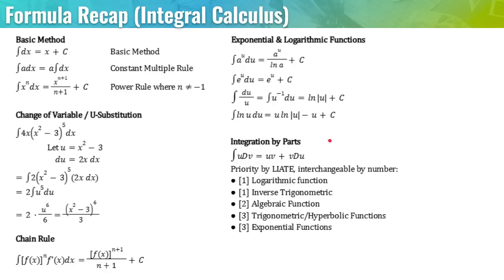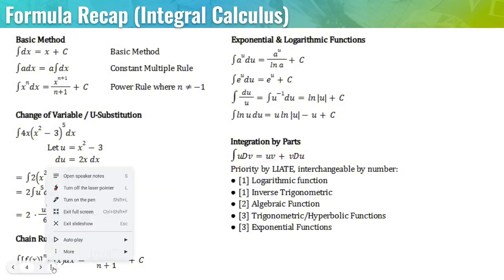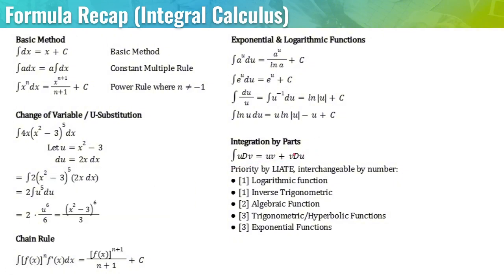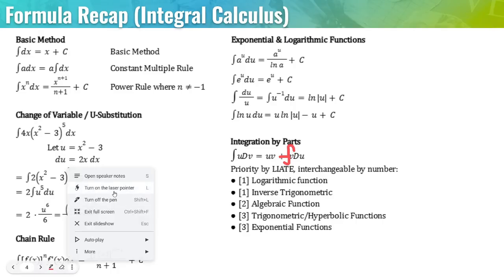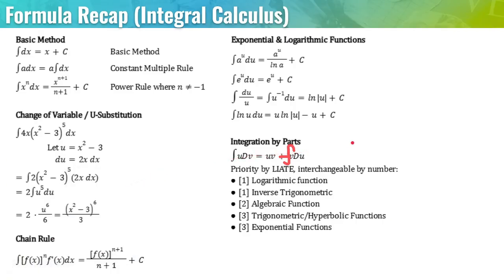Lastly, for the integration by parts, we usually use these with exact and linear. So it follows the formula uv minus the integral of v du. And then the priority is by LIATE.